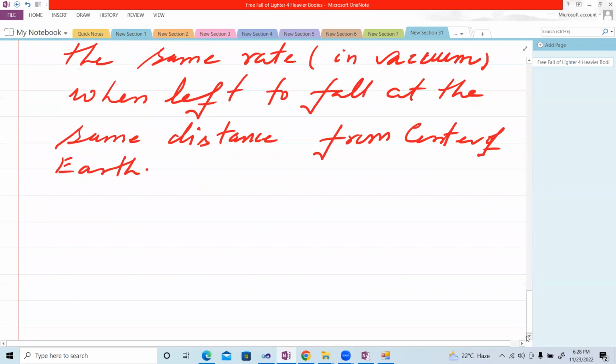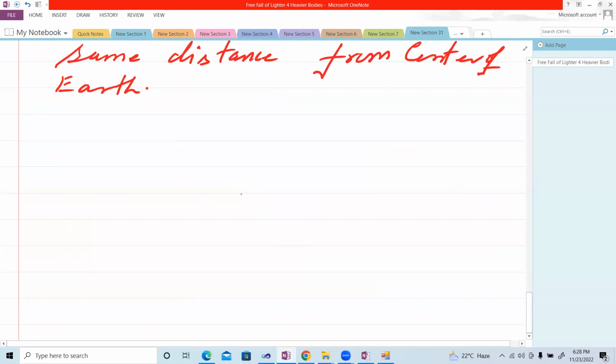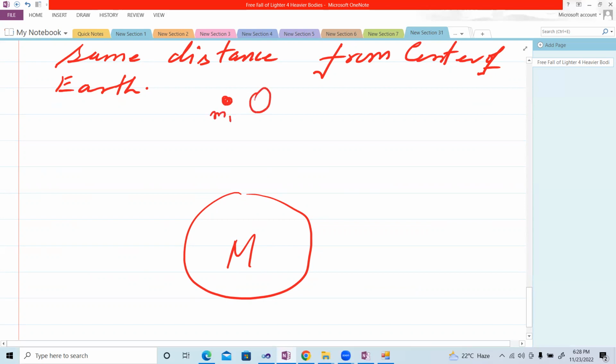Okay, this means if this is the bigger body, Earth, and there are two bodies, one is the smaller one, m1, and the other one is the bigger one, let's say m2, so that their centers are at the same distance from the center of Earth.